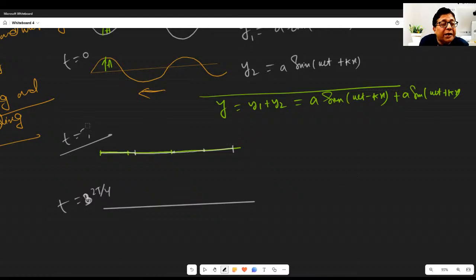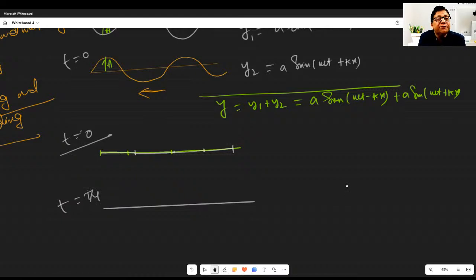Initially they have interfered in that manner. This you take t equal to T by 4. At t equal to 0, because of their superposition, they are equal and opposite, no? They get cancelled. So the resultant displacement is like this. When t equal to T by 4, what do you observe? The resultant waveform pattern will be like this.